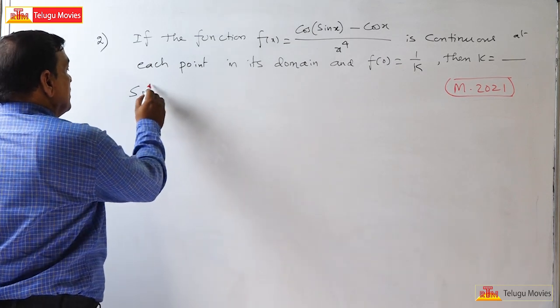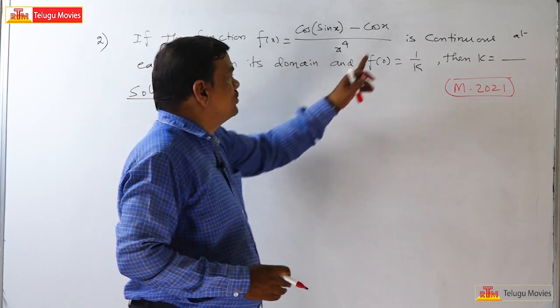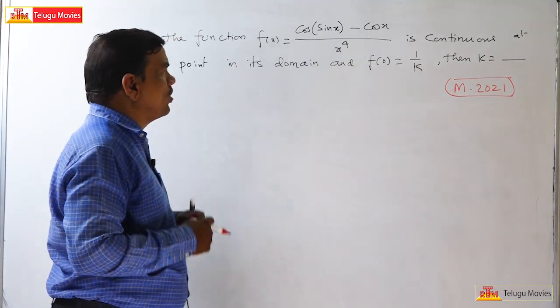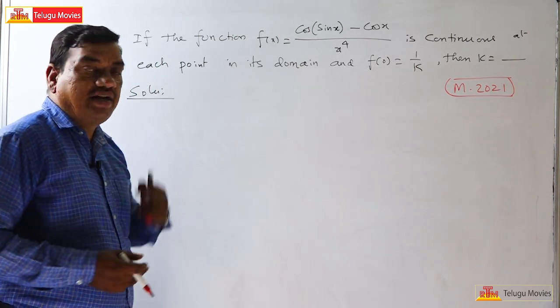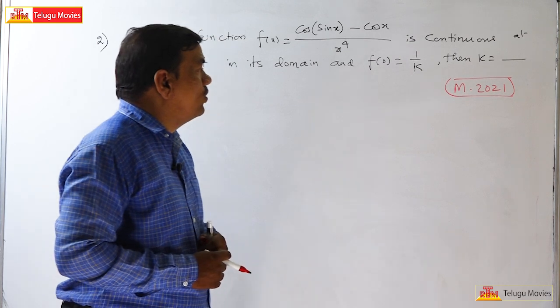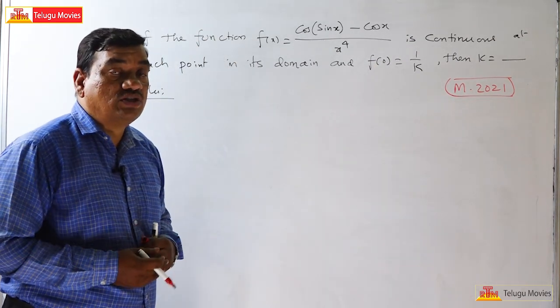Let us take the solution here. Each point in its domain. So in the domain we know that cos of sin x minus cos x by x to the power of 4. The domain we can take, since it is given that f of 0 is equal to 1 by k. So 0 should belong to the domain.